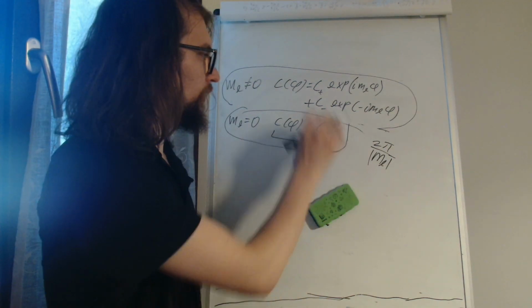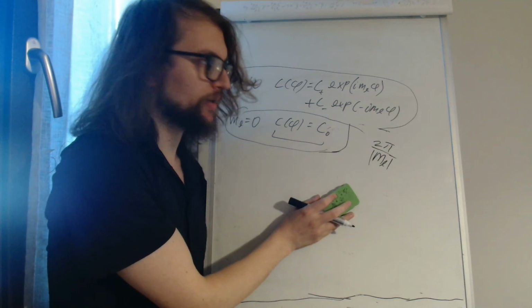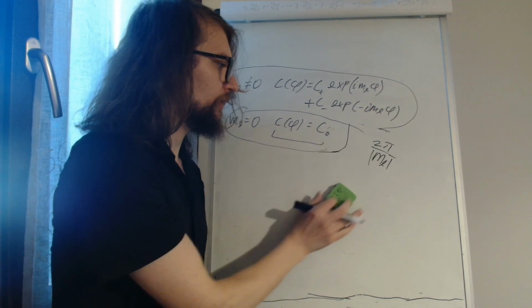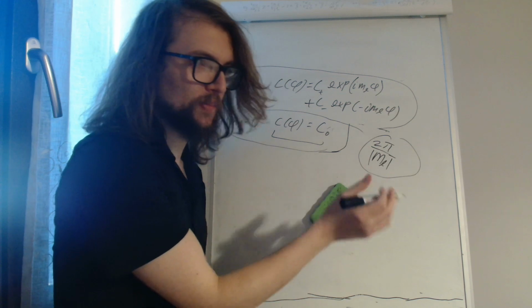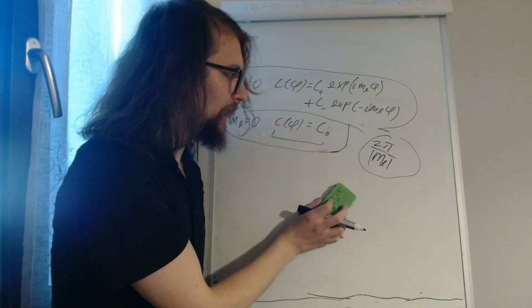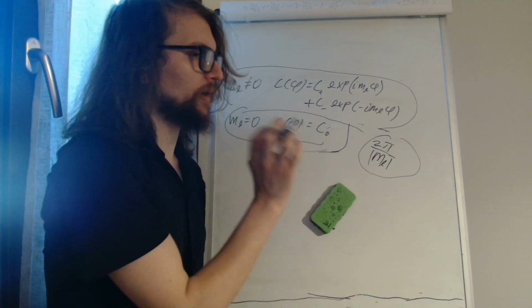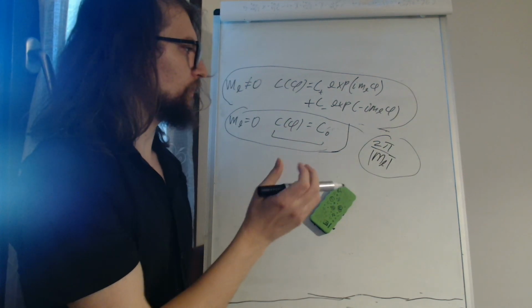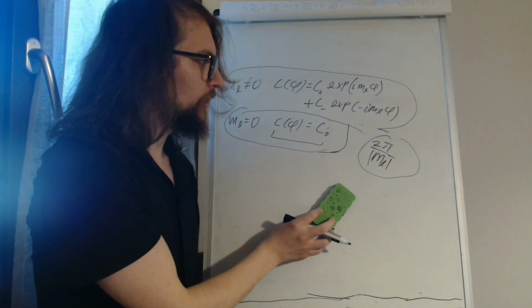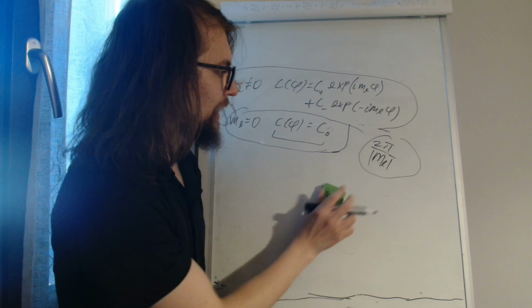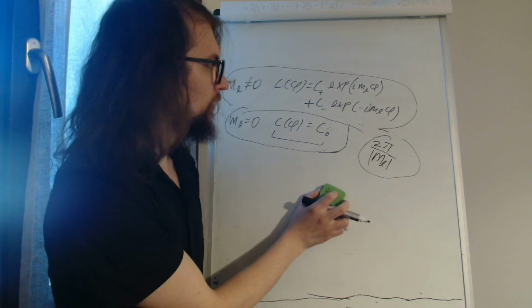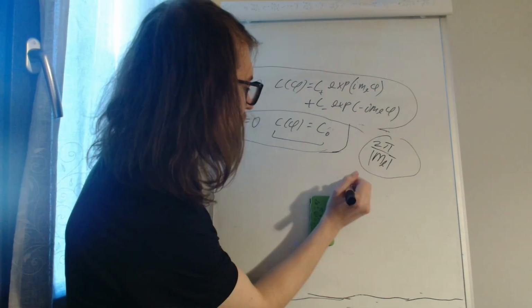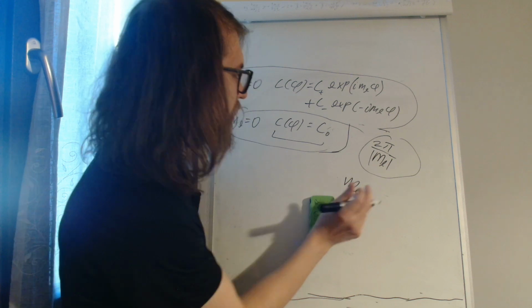So the whole solution will be periodic of 2 pi when this is a submultiple of 2 pi, because in that case, if we do a turn of 2 pi, we have exactly the same value. And so this works for any integer ml. So ml must be an integer.